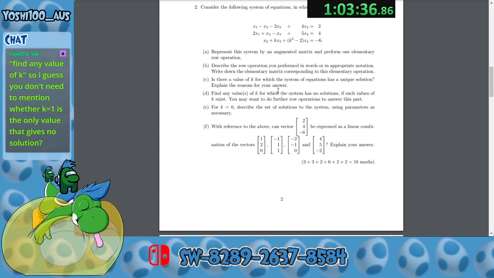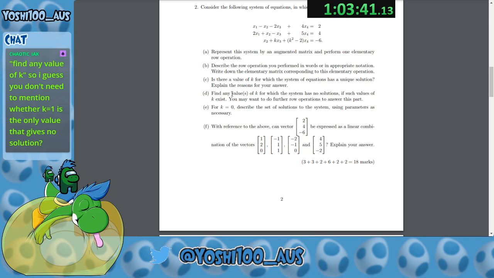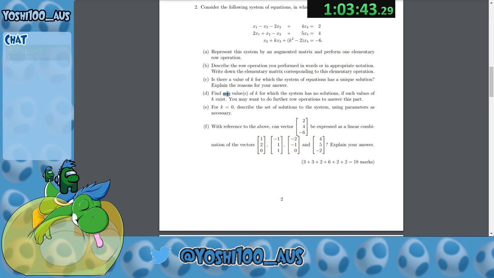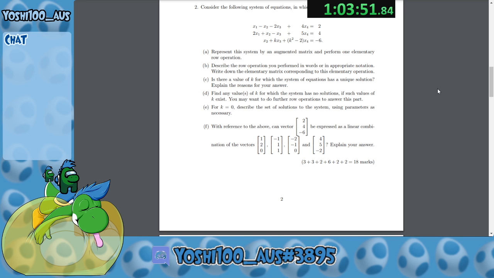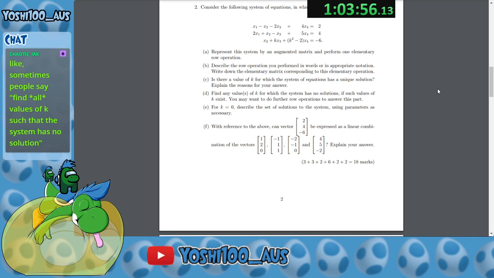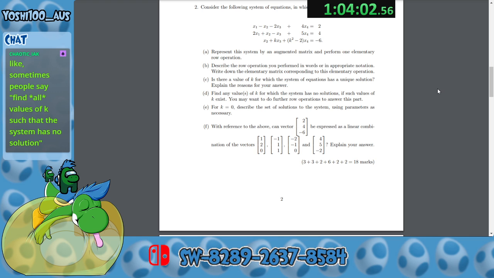Oh, no. I think it means... It should be the. Then yeah, you're right actually. Find the value or the values for which the system has no solutions. I guess it's not being as specific as that. You're right actually. Find all values. Yeah, I'm not sure.